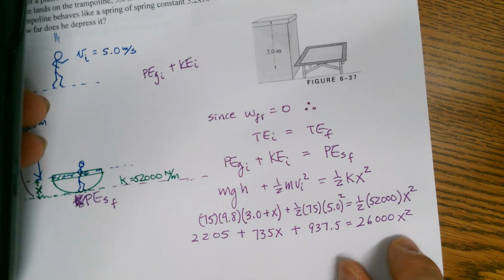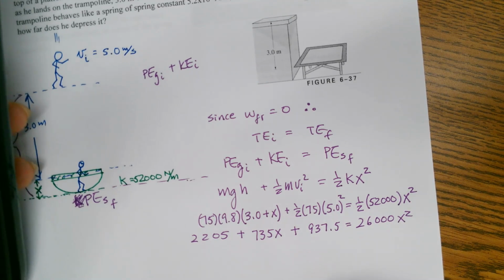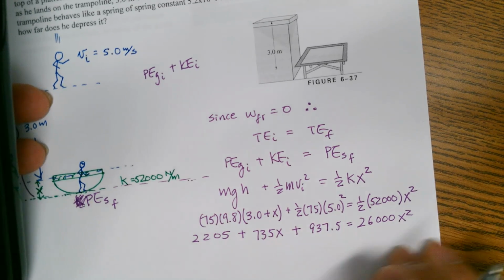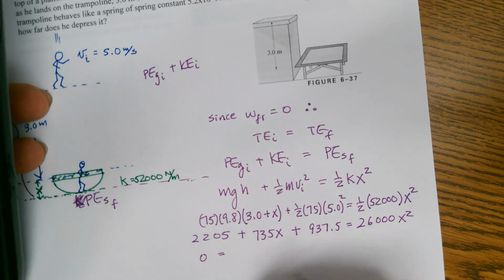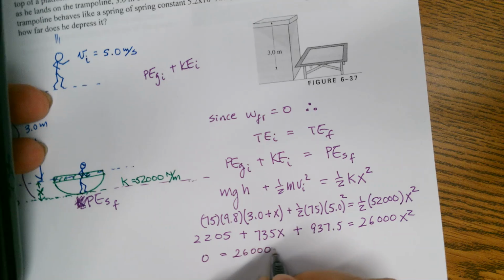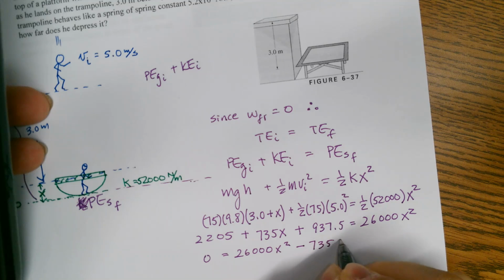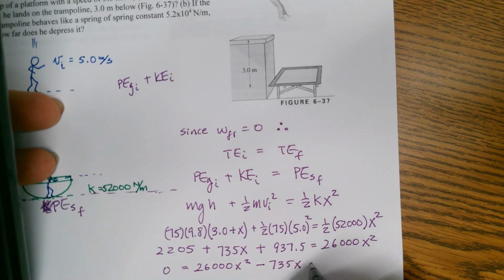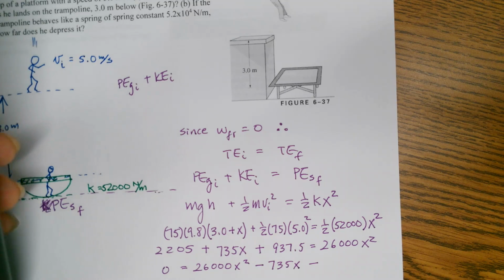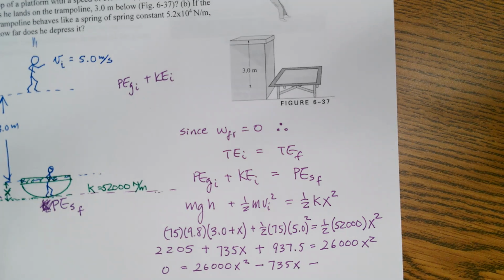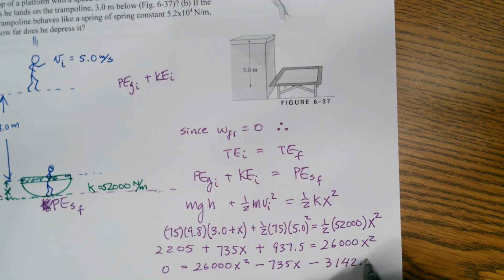Therefore, this looks like a quadratic equation here. So if I bring everything to one side and set it equal to 0, 0 is equal to 26,000 x squared minus 735x, minus, when I add these two together, 937.5 plus 2205, I get 3142.5.